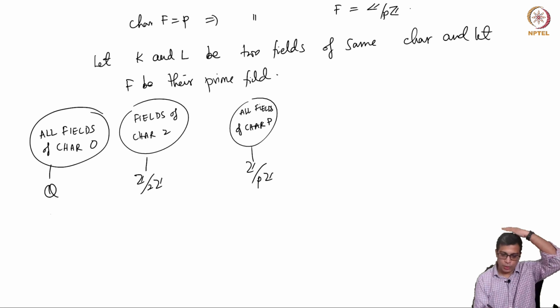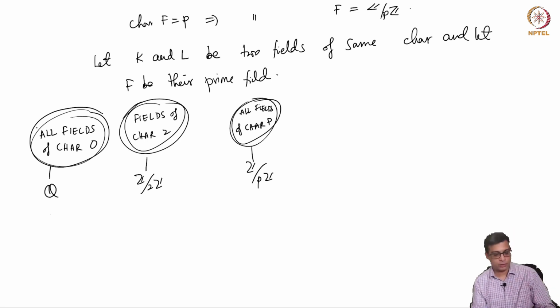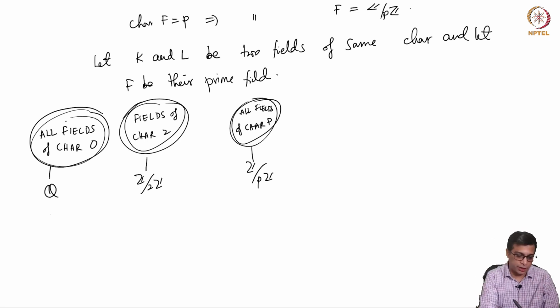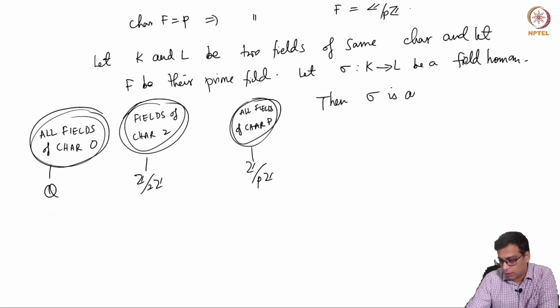Okay, so now if you take two fields in any box here, that's what I am taking. K and L are here or here or here. And let sigma from K to L be a field homomorphism. Then sigma is in fact an F homomorphism.